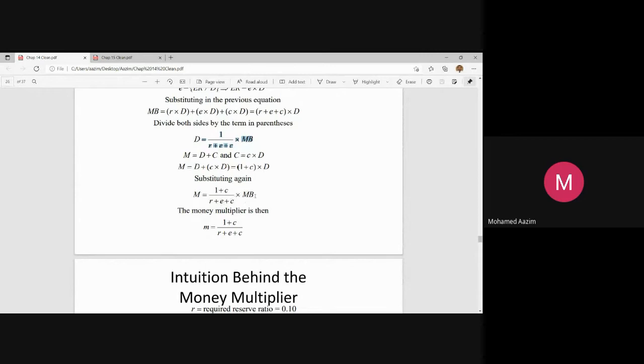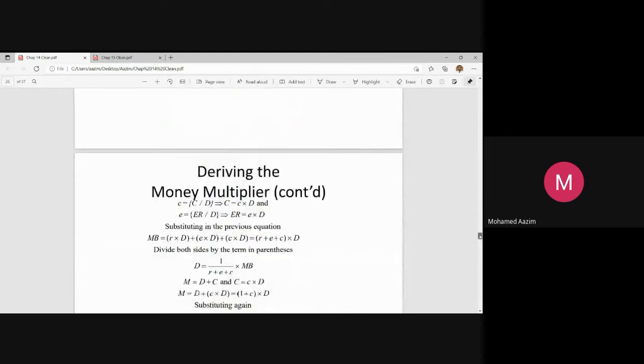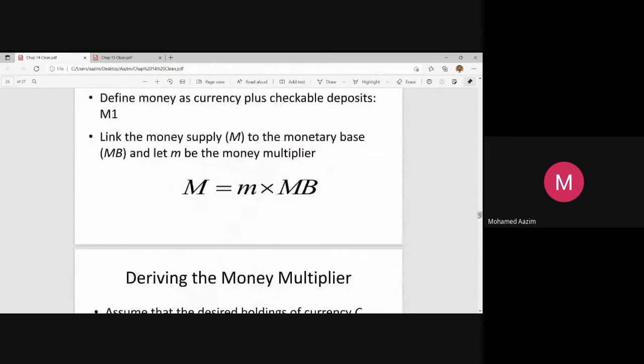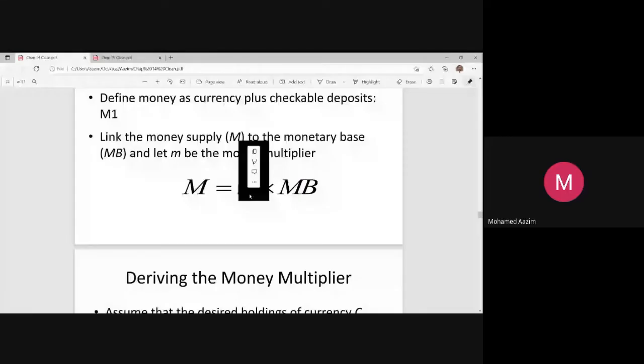And you already know the monetary base times the multiplier, small m, equals money supply. We defined it at the very beginning of this discussion. Here it is. Money supply is nothing but small m, the money multiplier, times the monetary base. So you know what this small m now is.